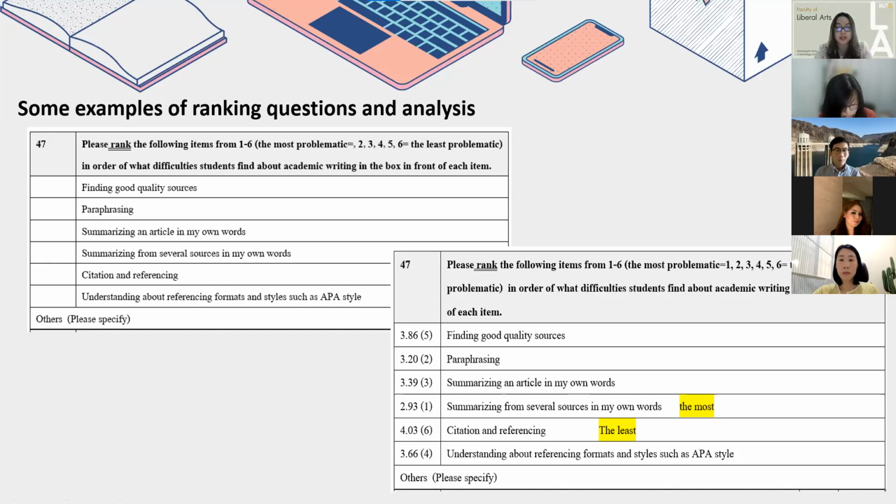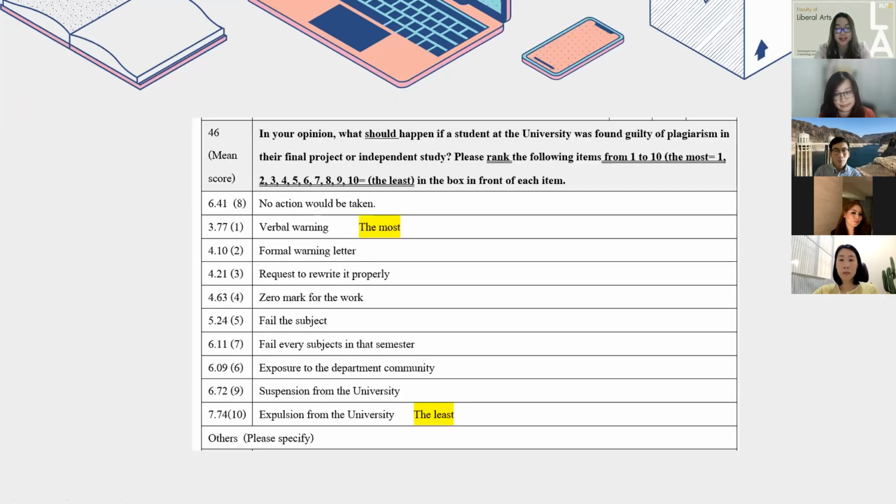In addition, not only asking the respondents to rank their writing problems, but also their suggestions to deal with plagiarism, which was presented in mean. The mean was used to clarify which penalty students suggest to deal with plagiarism at the university. When you see here on the slide, you may think it's 10 items, but these items are the penalty rules included in the rules for undergraduate students.